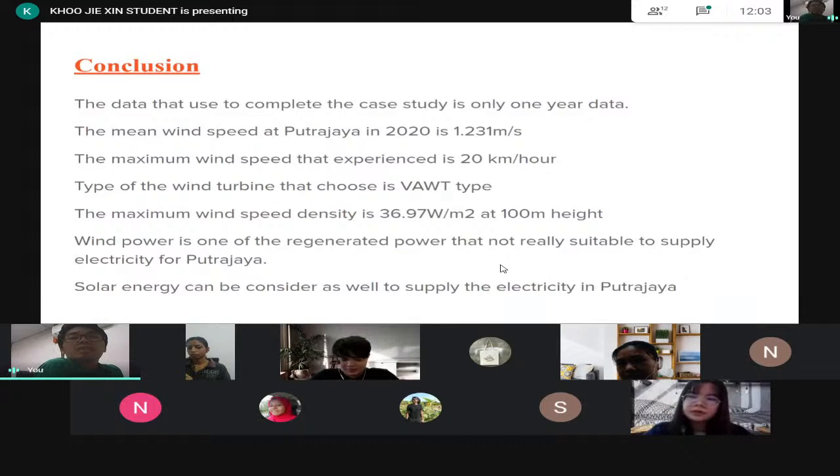Don't transport anywhere. Just build it in Putrajaya, install it, up to 1 kilometer height. Can we do that? Kojisin. We can do that for 1 kilometer height, but we still need to do the modeling.